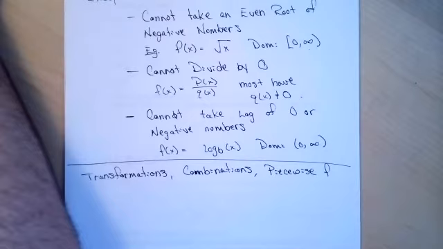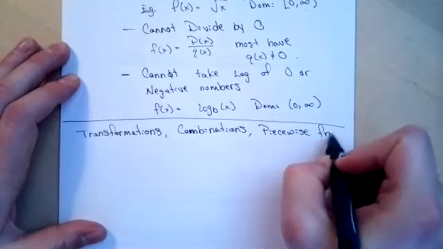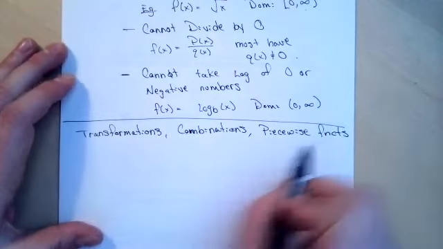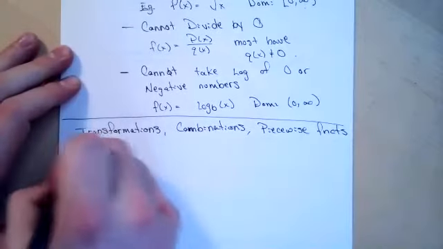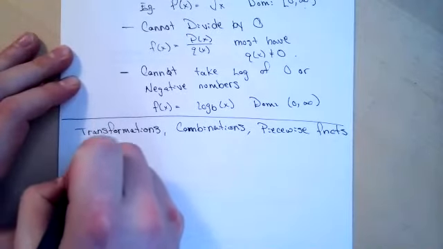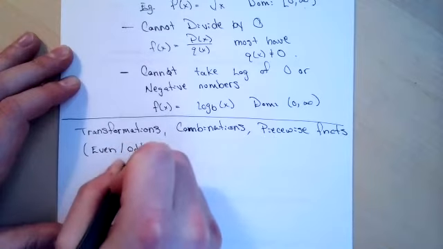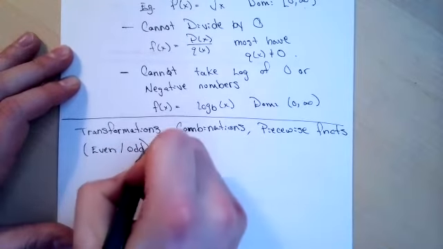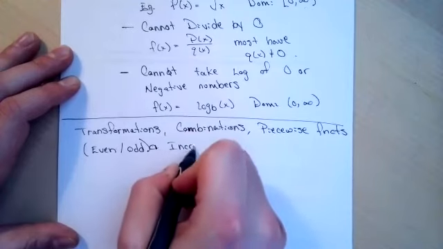Okay, so the next subset of topics we want to talk about: transformations, combinations, piecewise functions. I might start commonly abbreviating functions FNCTS. And then some other concepts maybe we'll get to: symmetry in terms of even and odd functions, and increasing and decreasing.